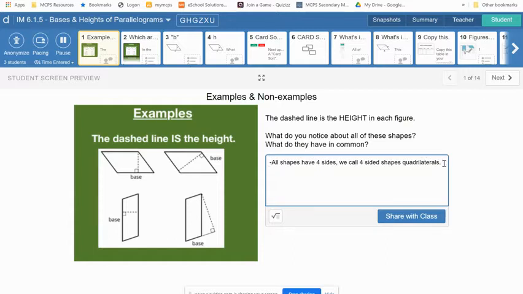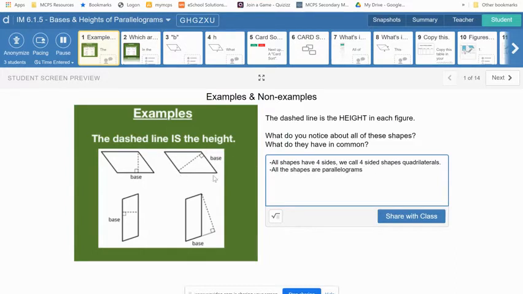Another thing I noticed is that all the shapes are parallelograms. What we should remember about parallelograms is that they have two sets of parallel lines. So two sets means here's a parallel line and here's a parallel line. These two lines are parallel to each other.